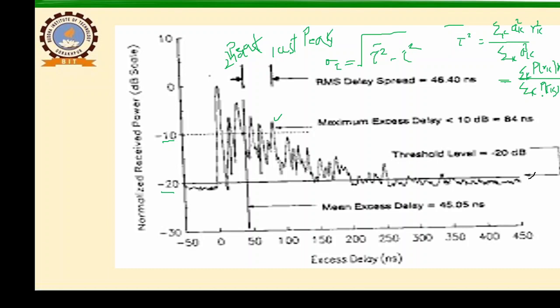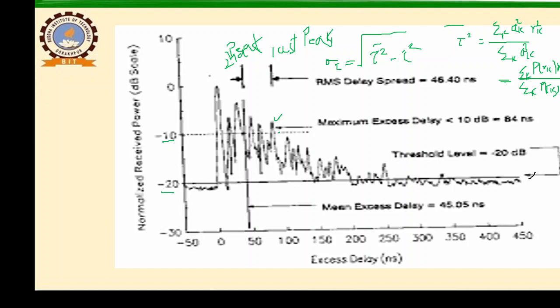And the maximum excess delay is the last peak of the arrival of multiple components above the second threshold level.